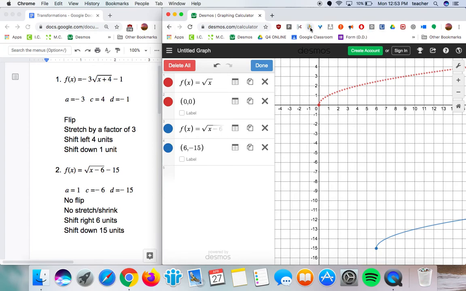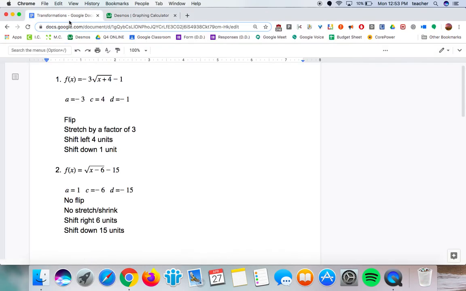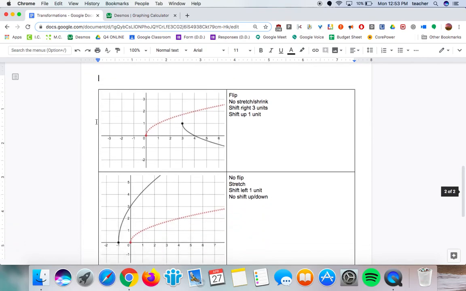So some problems that you might see that I might give you would be something kind of like this. I would give you the picture of a graph and then ask you to write out in words what's happening. So on this one we can see that there's a flip. We can see that it's not very tall or very small. I'll try to make that super obvious for you. And that we've gone to the right 3 and we've gone up 1.